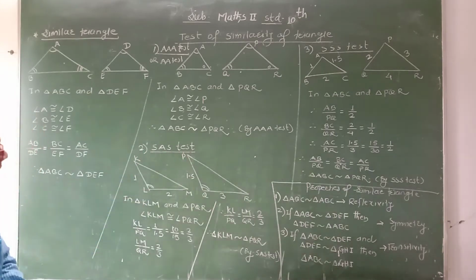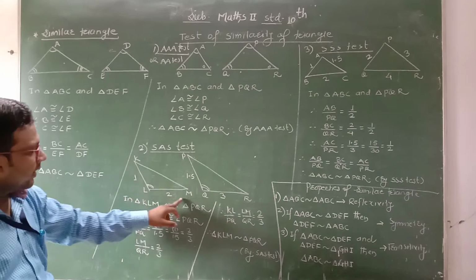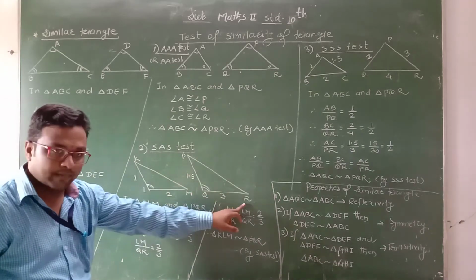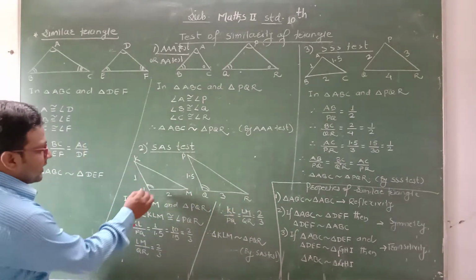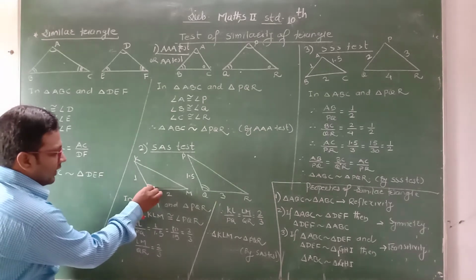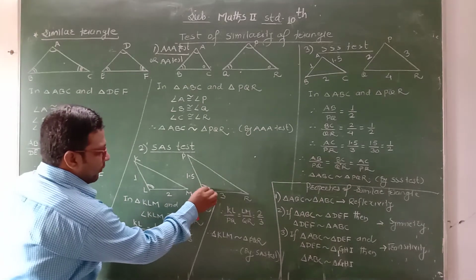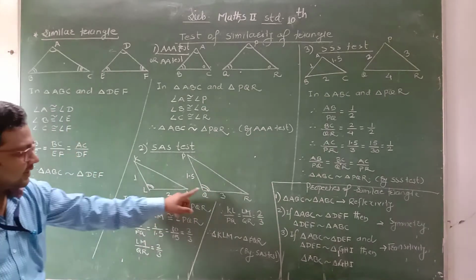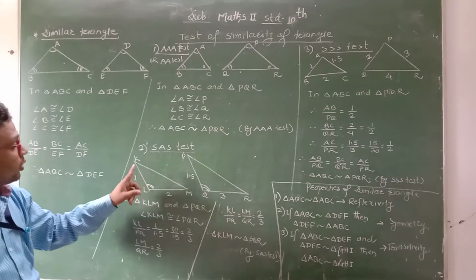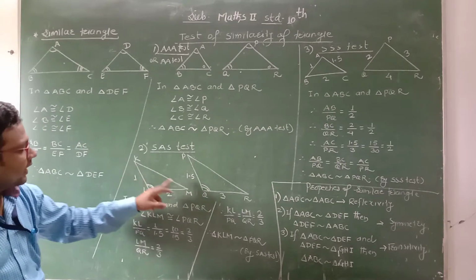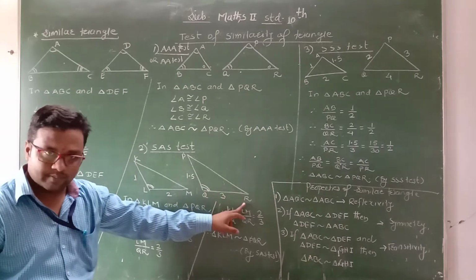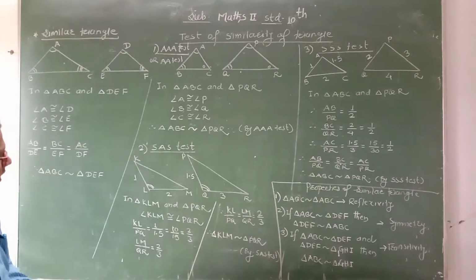Now let's say in triangle KLM and triangle PQR, one angle is given equal, that is angle L is congruent to angle Q. Okay, it is represented by the same symbol. There is no information about angle K, angle M, angle P and angle R. Clear? Now again, what is given?